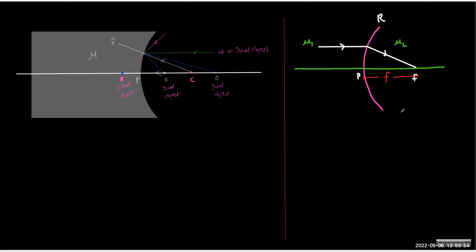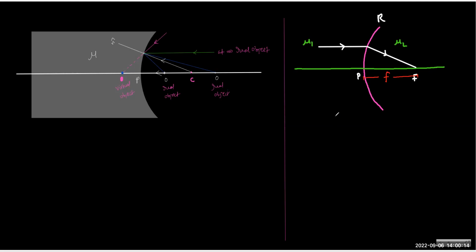So then mu1 by infinity becomes 0. The second term on the LHS will be 0, right?